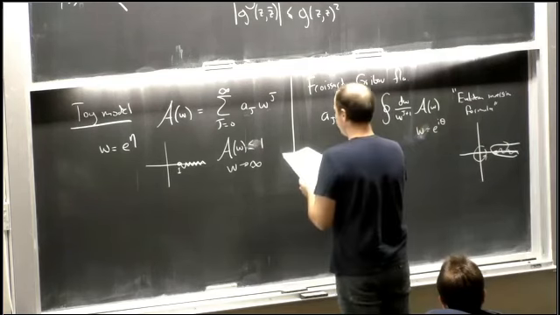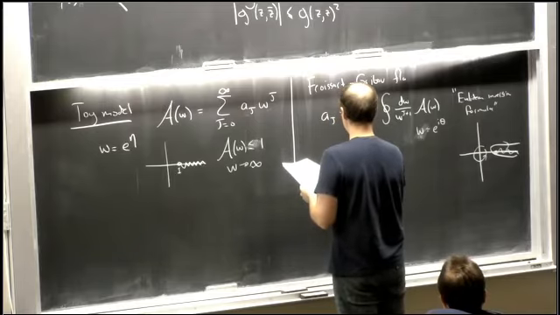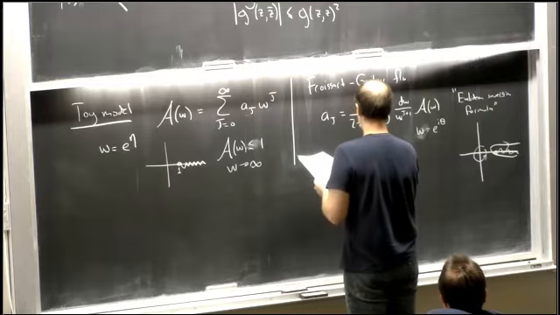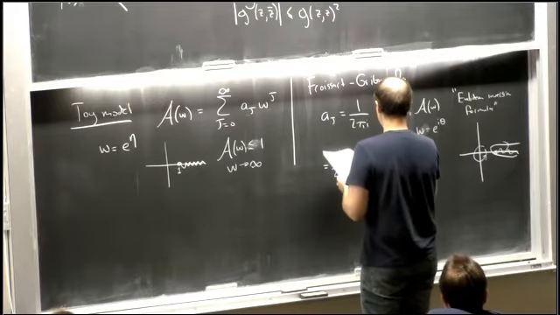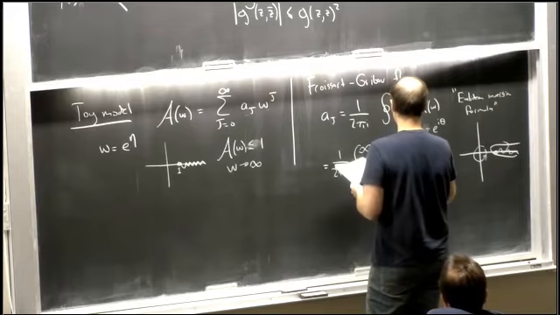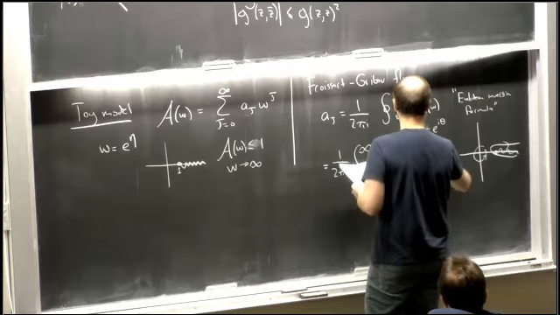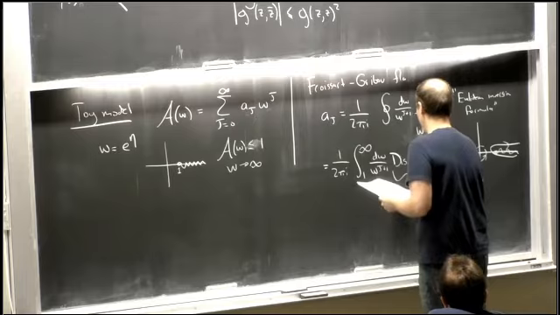Okay, so deforming the contour, you get a different expression for these a sub j's as an integral over the cut, so an integral from 1 to infinity, dw over w to the j plus 1 times the discontinuity of a, where the meaning of the discontinuity is that you evaluate a above and below the cut.